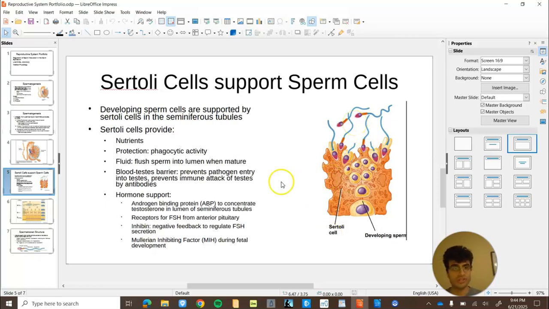So the Sertoli cells are supportive cells towards the sperm cells. So they provide nutrients, protection, fluid, a barrier to prevent pathogen entry, and hormone support.